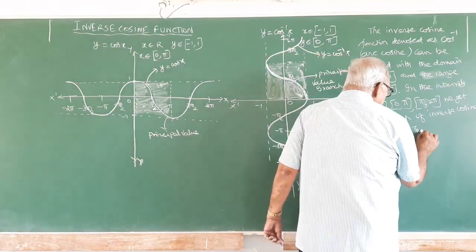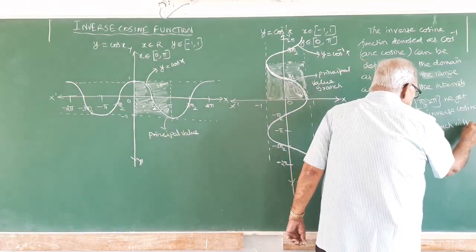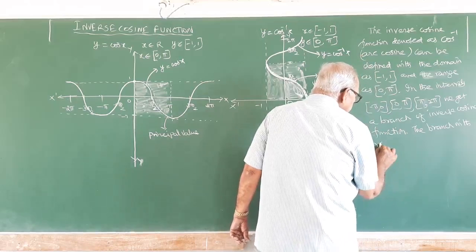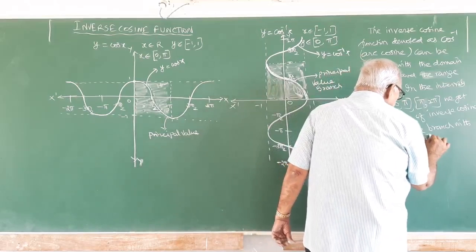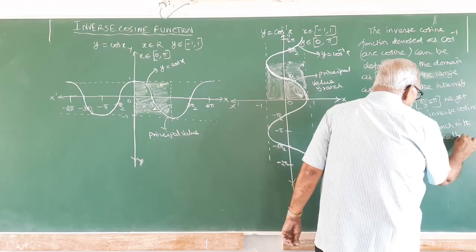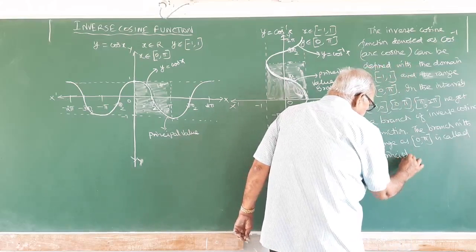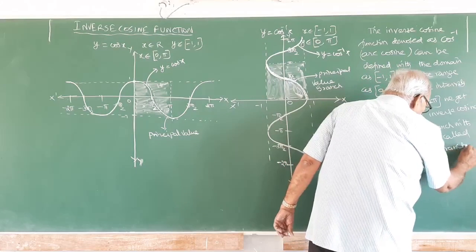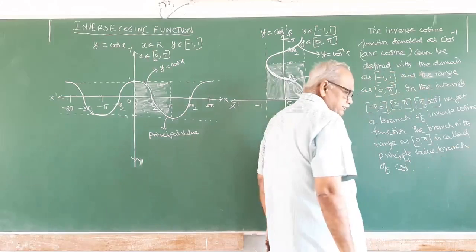The branch with range 0 to pi is called the principal value branch of cos inverse.